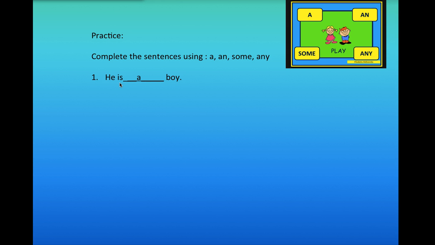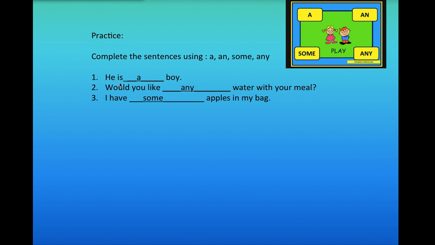He is a boy. Boy is singular and it's countable, so we'll say a boy. Would you like any water with your meal? Any, because this is a question. Water is uncountable. I have some apples in my bag. Apples is plural, and it's countable, so we use some.